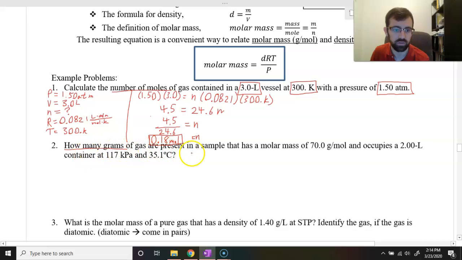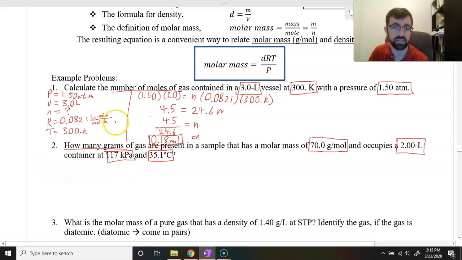How many grams are present in a sample that has a molar mass of 70.0 grams per mole, and it occupies a 2.00 liter container at 117 kPa and 35.1 degrees Celsius? Okay, so let's start out.